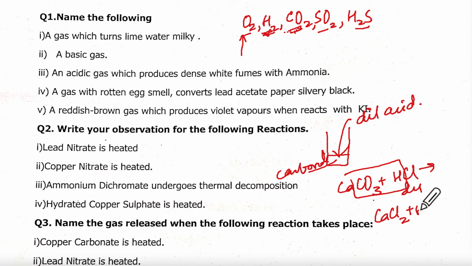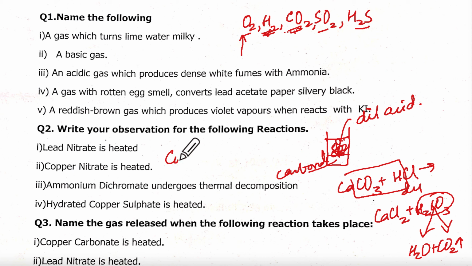CaCl2 plus H2CO3, correct? So H2CO3 is unstable, so we don't write it like this. How do we write? H2O plus CO2. Now that CO2 gas will be in this acid, so it will come as bubbles, so effervescence.